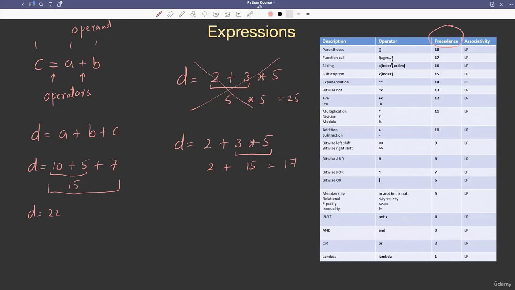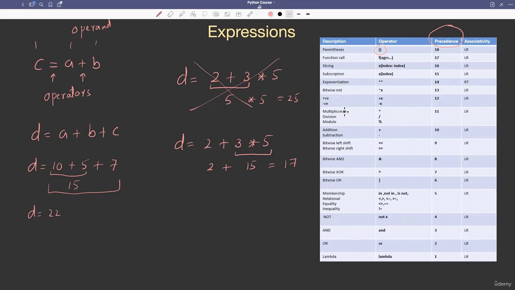Here I have the list of various operators available in Python, arranged based on their precedences. The highest precedence operator is the bracket. Parenthesis has higher precedence, then function call, then slicing and so on.